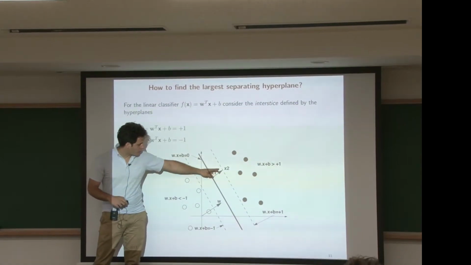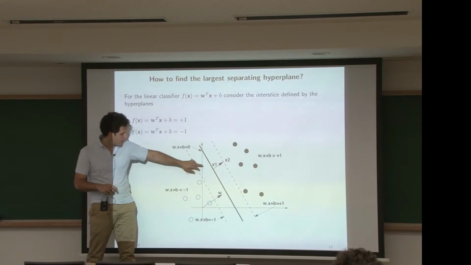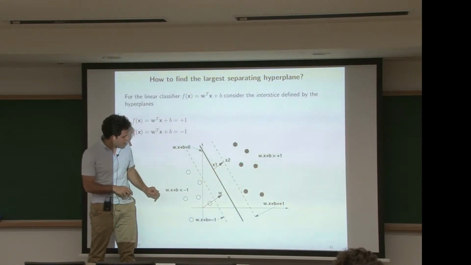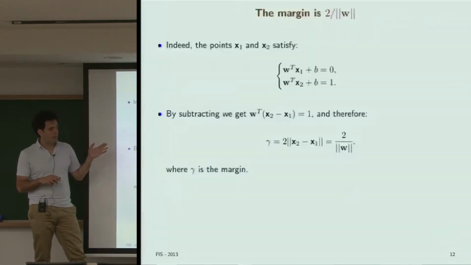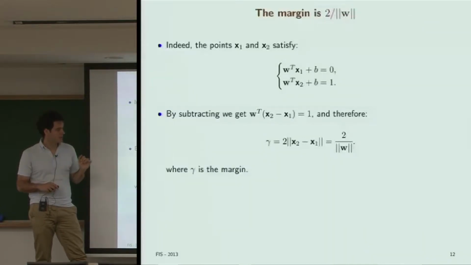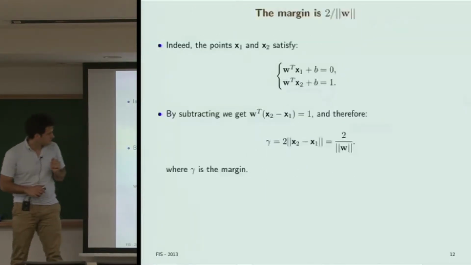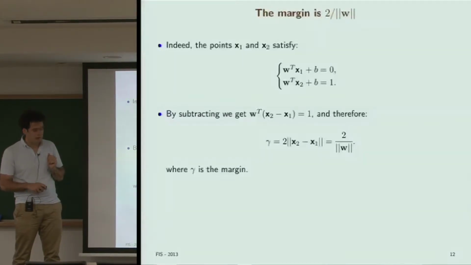Let's choose another point on either of the tube sides, and call it x2, and we want x1 minus x2, or x2 minus x1, to be collinear with w. The first point belongs to the hyperplane, so w transpose x1 plus b equals 0. The second point belongs to one of the tube sides, so w transpose x2 plus b is equal to 1. If we subtract both, we simply get that w transpose (x2 minus x1) is equal to 1.